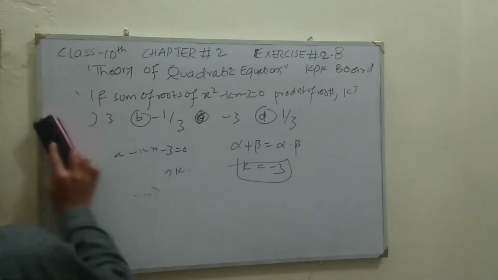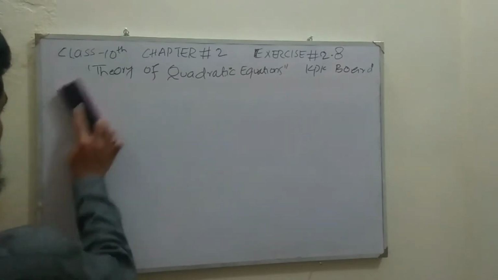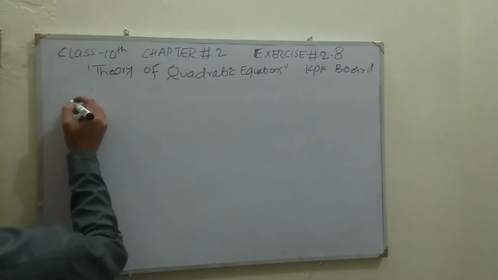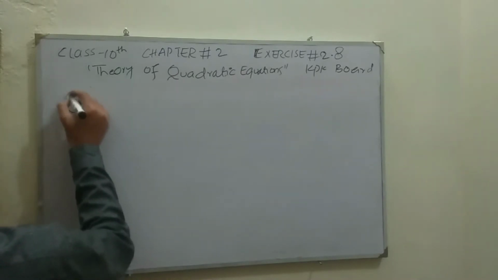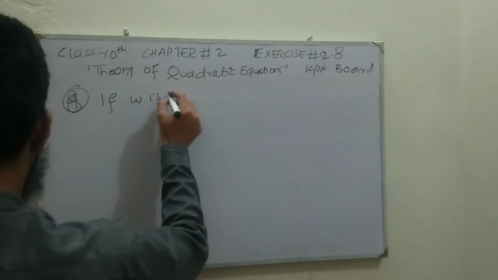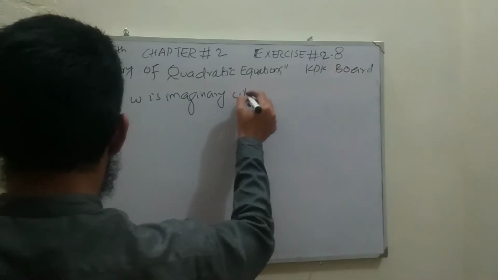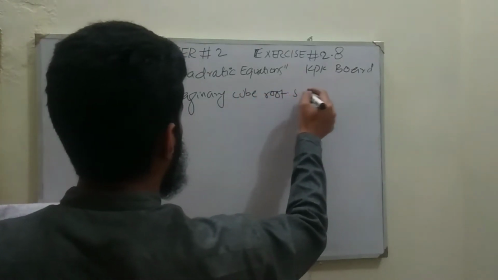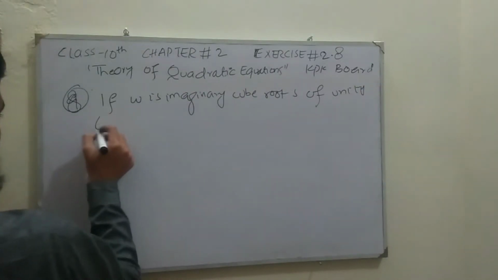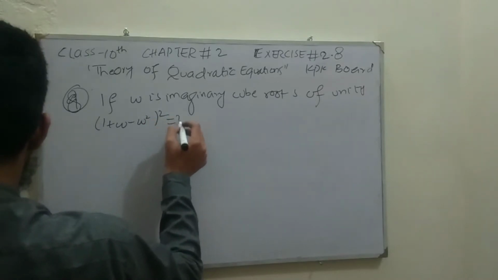Move to question number 8. If omega is an imaginary cube root of unity, then find the value of 1 plus omega minus omega square whole raised to the power 7.